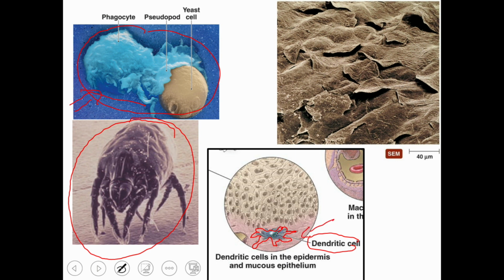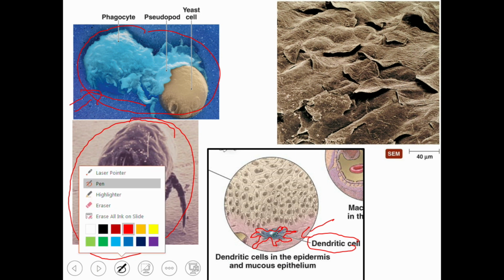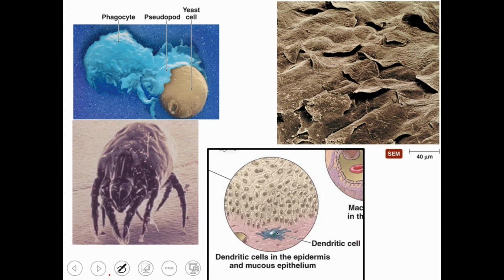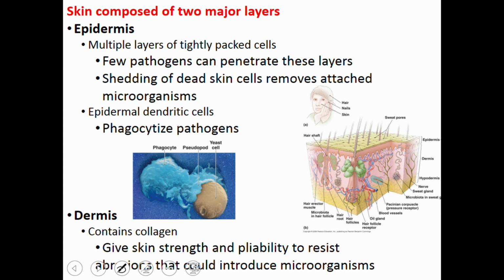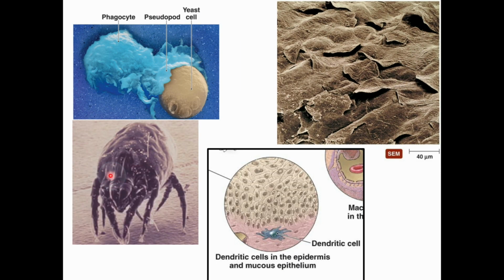So there are a lot of different kinds of phagocytes, but dendritic cells are in the epidermis, and they're ready, they're waiting. When they come across a bacterium or a particular pathogen like this yeast cell, they will degrade it. So in other words, we've got these marauding cells roaming around engulfing potential pathogens.